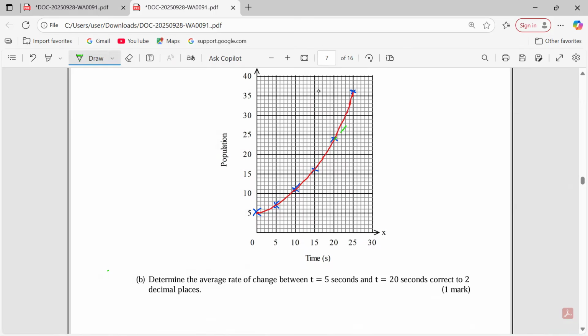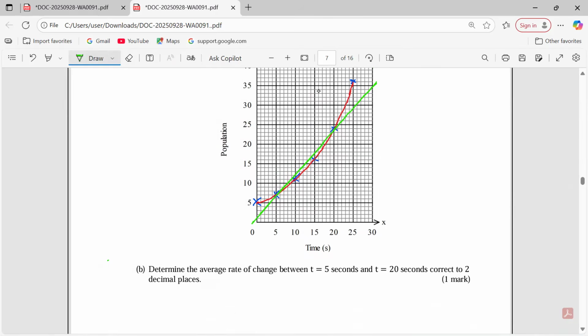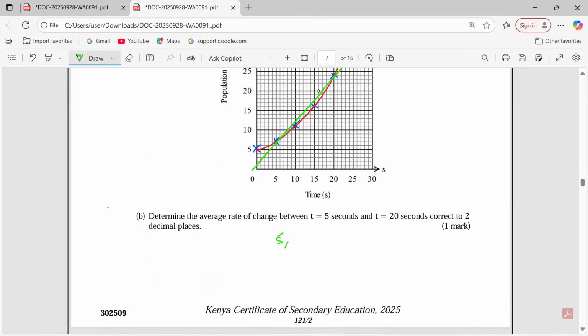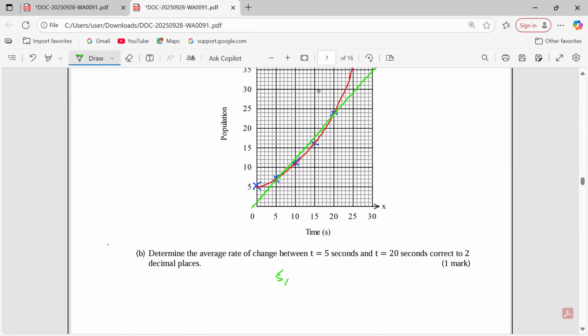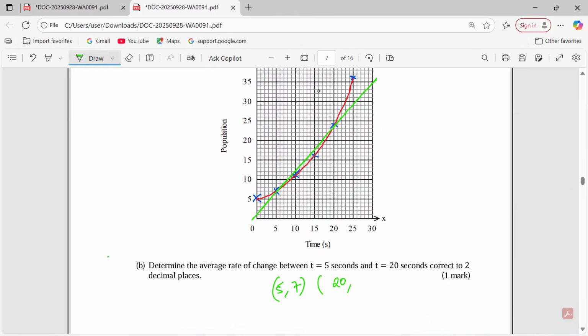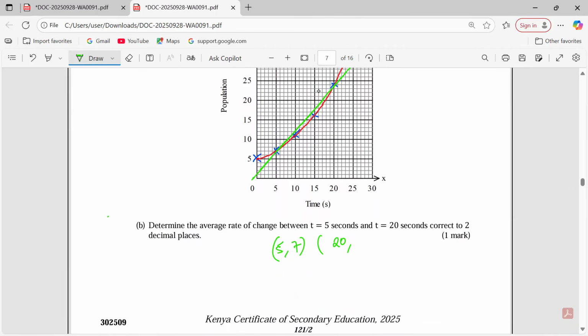So you just need the gradient now for this particular line. So we read any 2 values lying on that line, and that can be 5 and 7. Then we have 20 and 24.